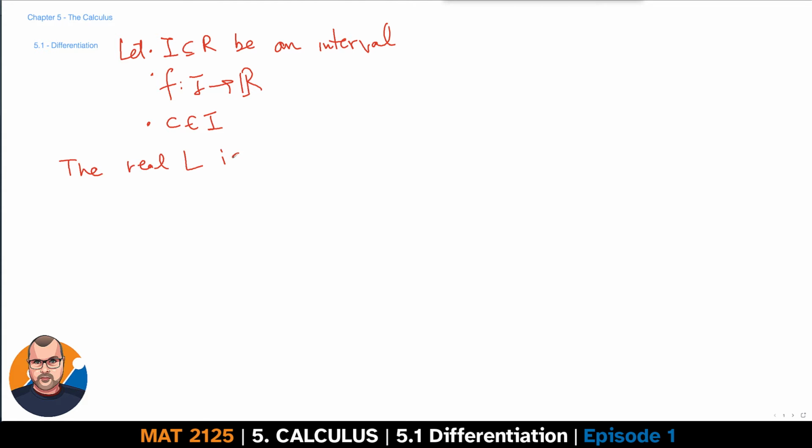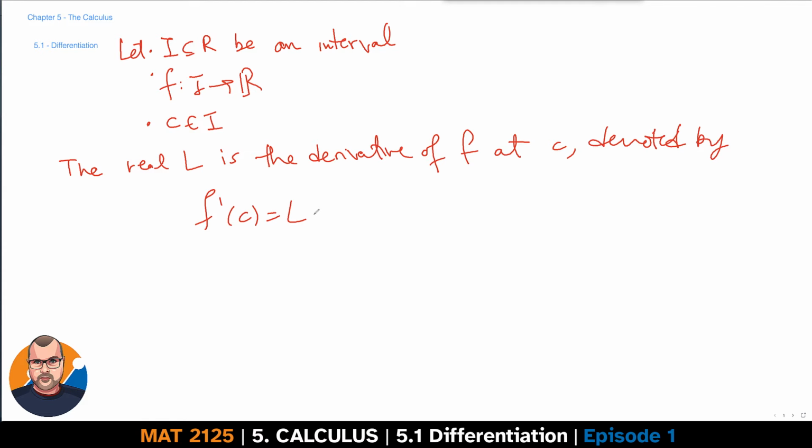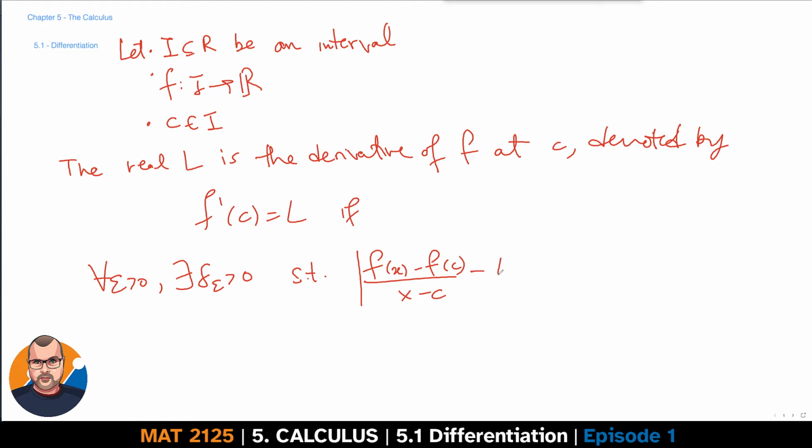The real number L is the derivative of f at c, which we will denote using this notation, if for every epsilon greater than 0, there exists a delta epsilon associated to that epsilon, also positive, such that the difference between this quotient, the differential quotient, and the candidate value L is smaller than epsilon whenever x is within delta epsilon of c, different from c, in I. And if that actually happens, we will say that f is differentiable at c.